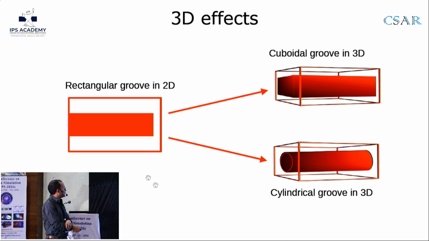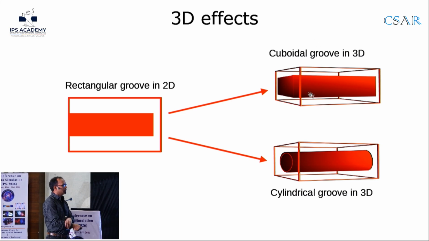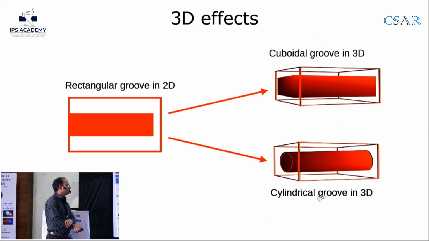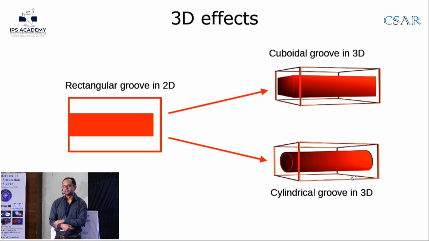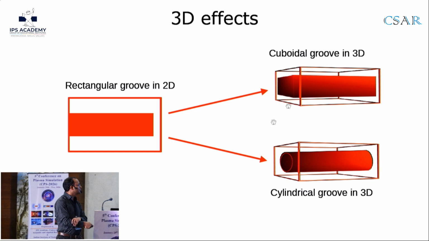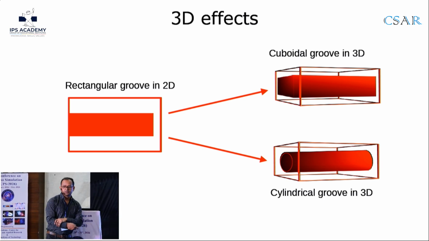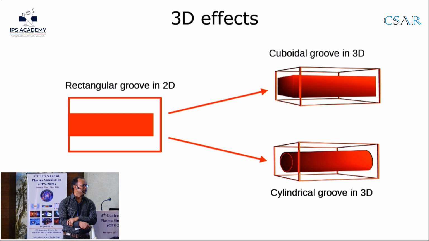This 2D rectangular groove corresponds to two configurations: you can have a cuboidal groove, which is a rectangular groove in 3D, or you can have a cylindrical groove in 3D. Both of them correspond to the same rectangular groove in two dimensions. We ran these simulations, and we are still analyzing some of them.